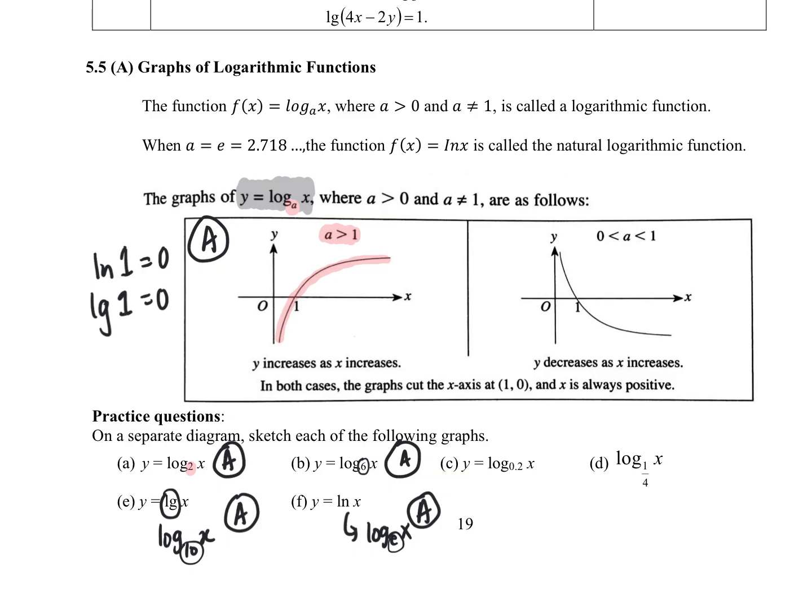That's why it cuts here. However, if you change the base to a value between 0 and 1, then the shape becomes like this. This is graph B.